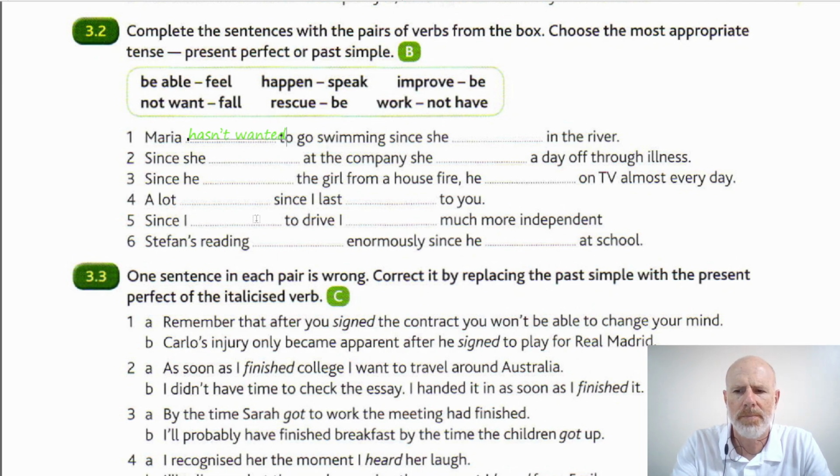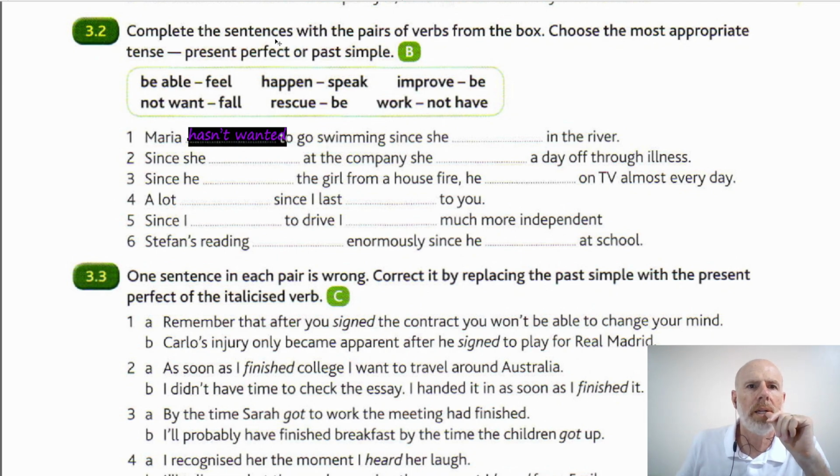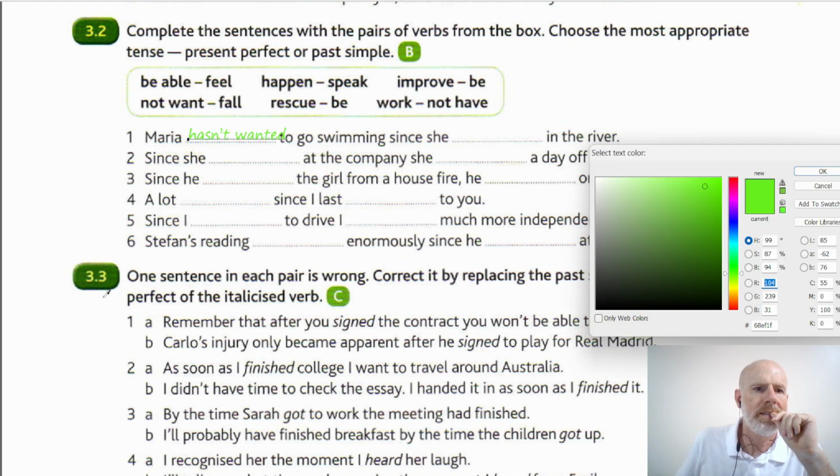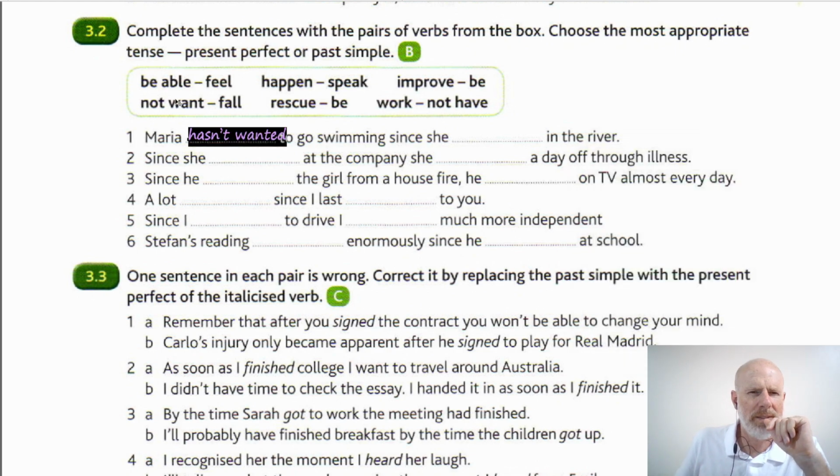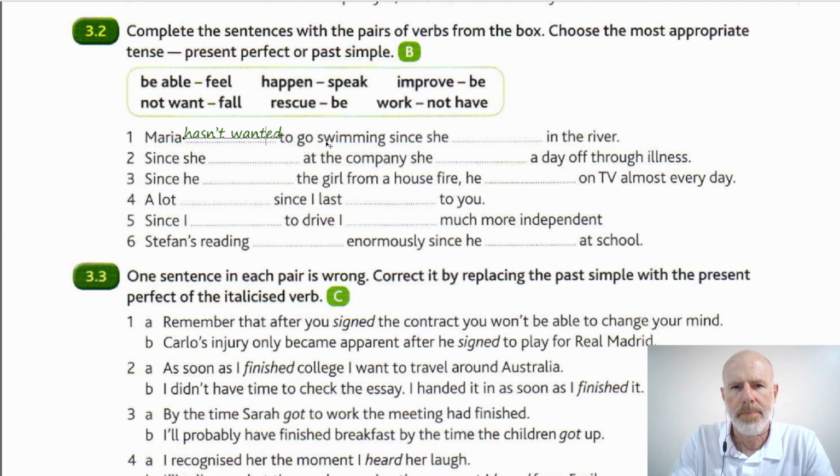Oh, sorry. We have to change the color again. Just a sec. Yes. And much better, right? Maria hasn't wanted to. Why? Because she fell in the river. Yes, that's it.